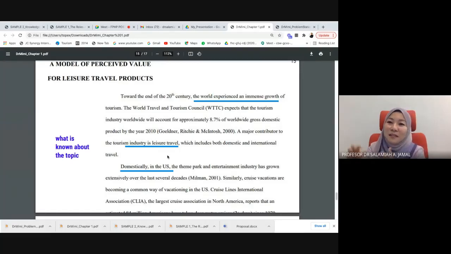So they go into specific. In the first paragraph they also talk about the worldwide setting, and next they zoom into the US, a specific geographical area. So that's one way of introducing your topic.